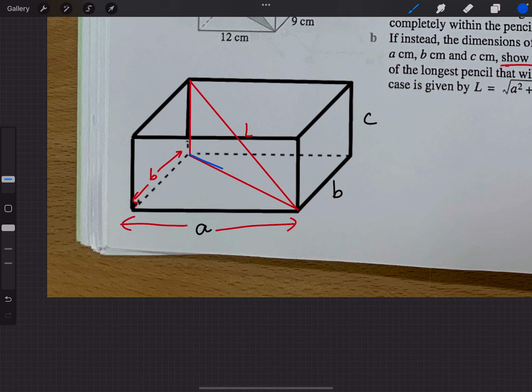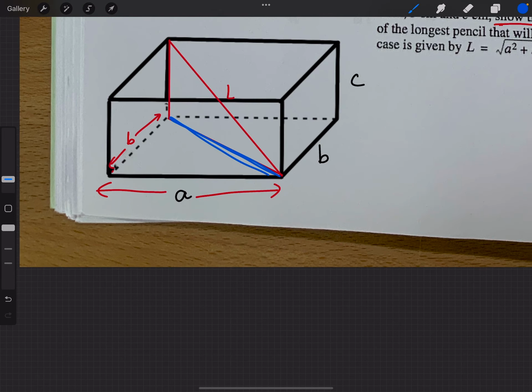We need this length and this length to find L. So the bottom length here, let's call that length x. So x squared is equal to A squared plus B squared. All right, awesome.